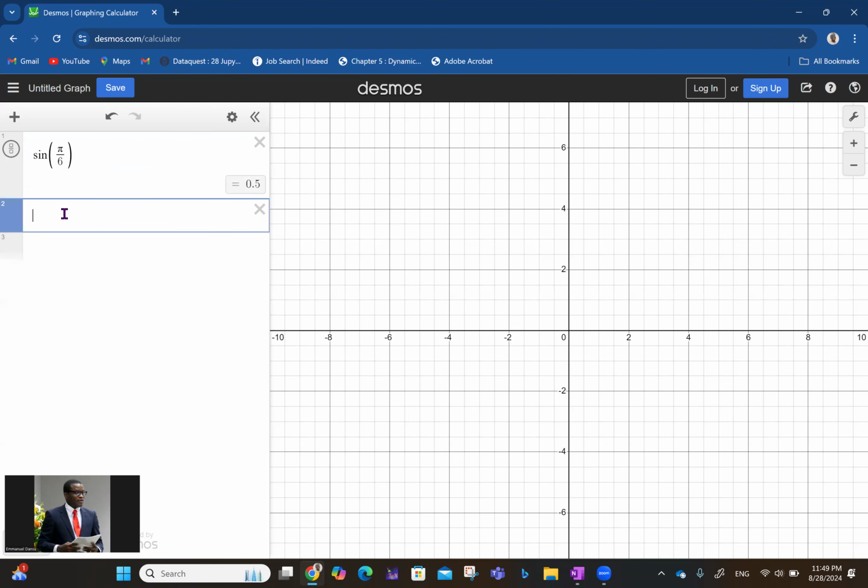In fact, can we even substitute the pi over 6 directly? Pi minus pi divided by 6 raised to power 3.